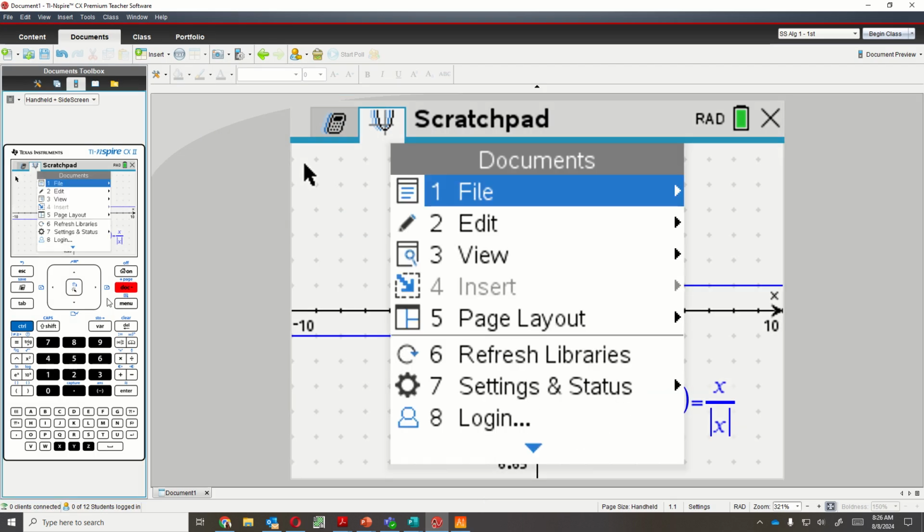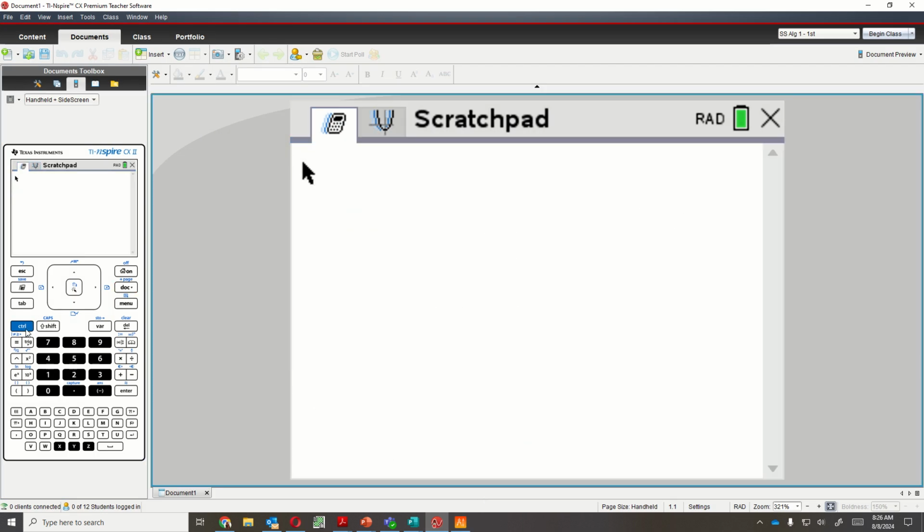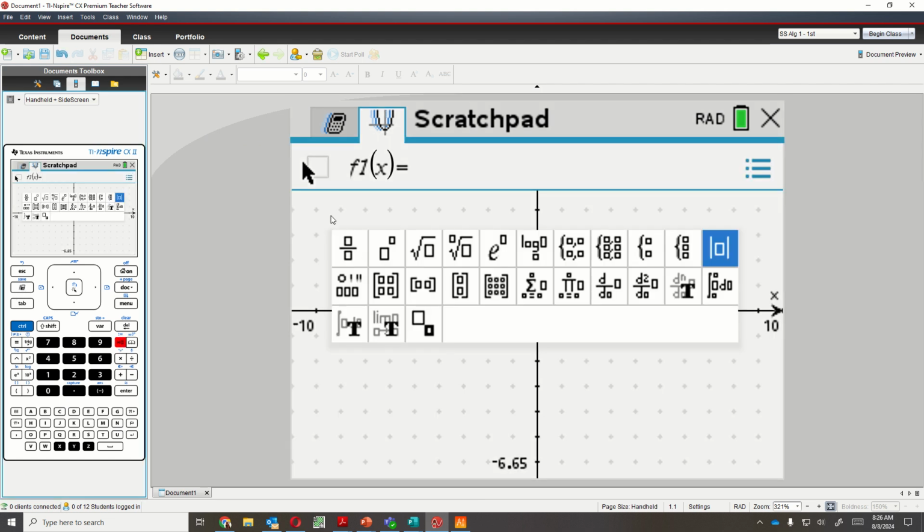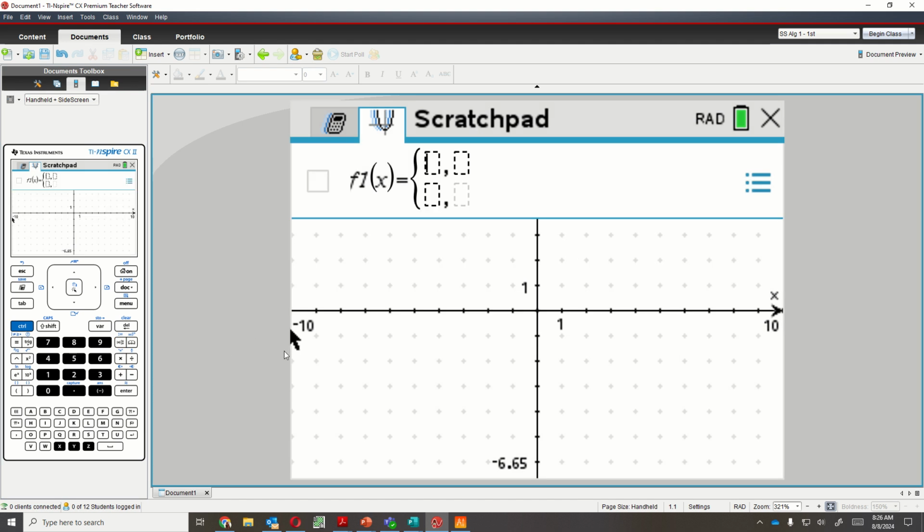I'm going to start with doc B, clear out what I have here. And now in my scratch pad, I want this function.